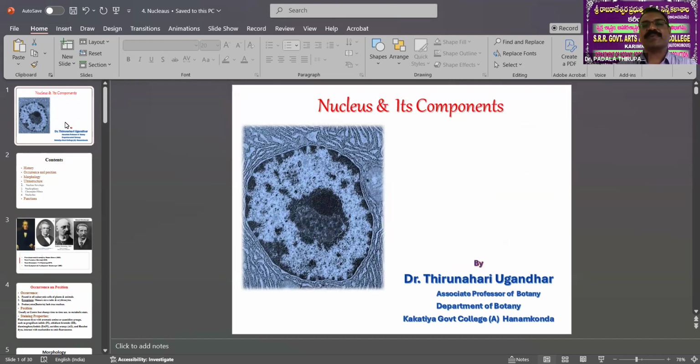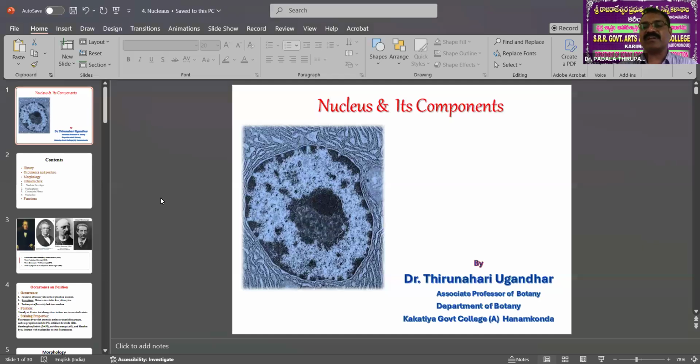Today's eminent personality, the senior-most in the botany fraternity of our entire Telangana, Associate Professor Dr. Thirunahari Ugandhar sir, working in Kakatiya Government College, Autonomous, Hanmakonda, Warangal district.